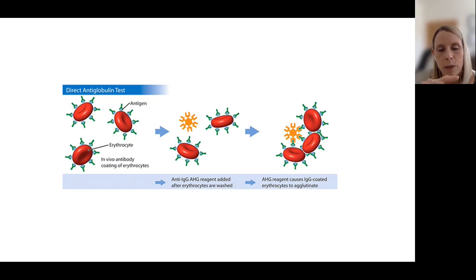And these reagents will attach to an antigen antibody complex on the red blood cell. And you can see, because they've got lots of little projections, they can attach to a number of red cells at a time, and they cause the cells to agglutinate, stick together. So if the lab sees that agglutination or the sticking together of the red blood cells, then that's a positive direct antibody test. So we know that there's evidence of antibodies breaking down that baby's red blood cells. Next slide, please.